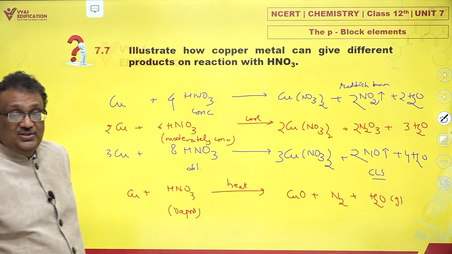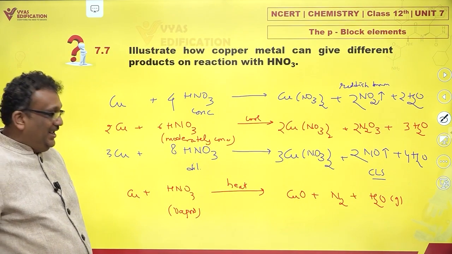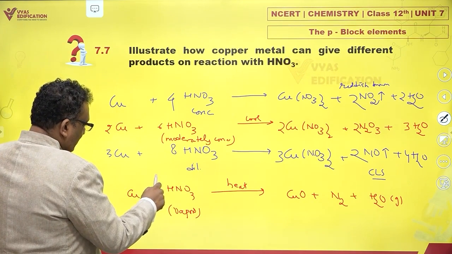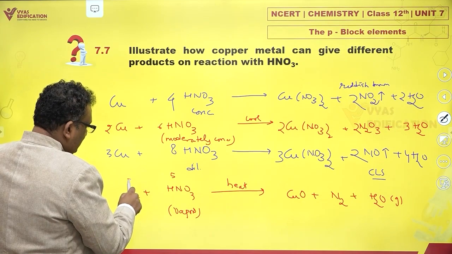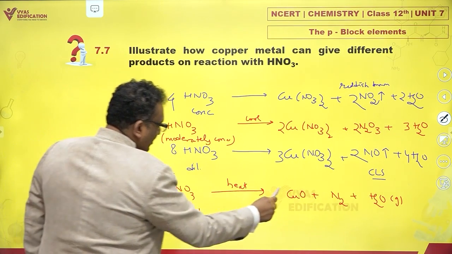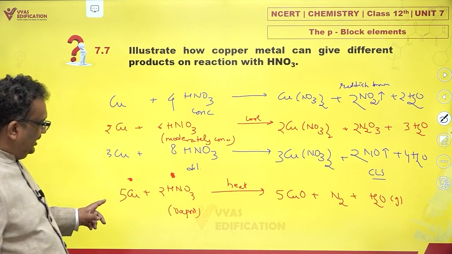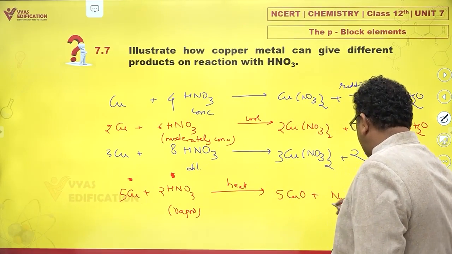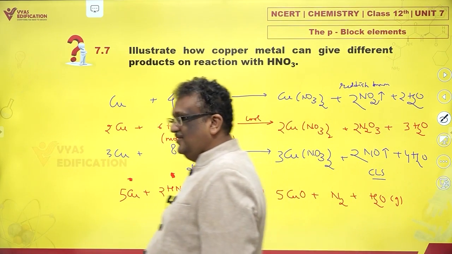Oh my god, this is the case. Yes, this is the case. You find +5 goes to 0, and this is 2. So this is 2 and 5. Okay, you have 5 CuO indeed, and you have 1 H2O, and how much nitrogen? 1 nitrogen. That's it. This is balanced.